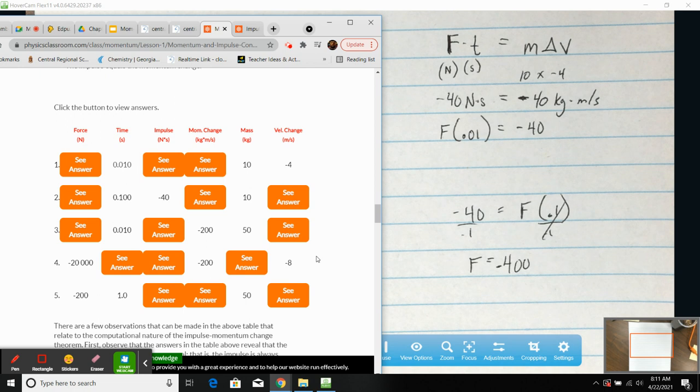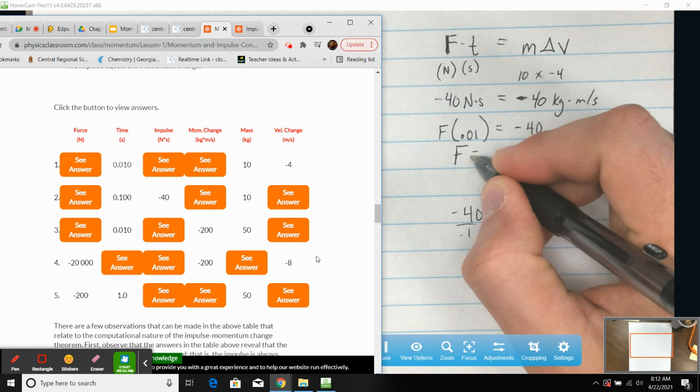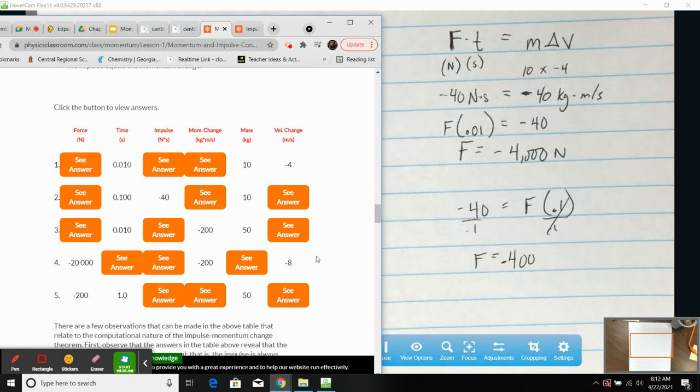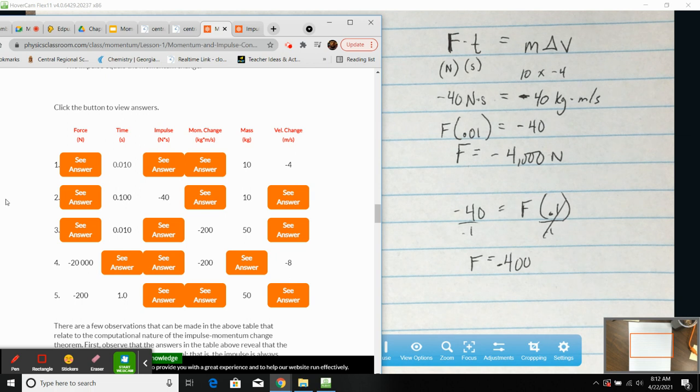Okay, so notice what happened in the first two problems. They both have the same mass and change in velocity. They both have the same momentum change, but one applied a greater force. This force was negative 4,000 newtons, and in this one it was negative 400. Why was that?